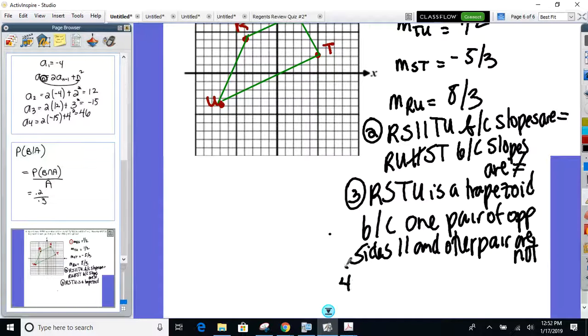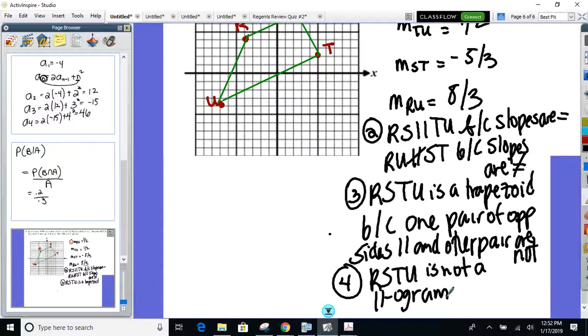And I hate to break it to you, but do I need any more formulas to show it's not a parallelogram? I don't really. Could you bust out distance or midpoint? You could, but what did we already do? We already did the slopes, and we already said which lines are parallel and which lines aren't. So can't we just say RSTU is not a parallelogram? And what's a good reason, based on the work we just did?